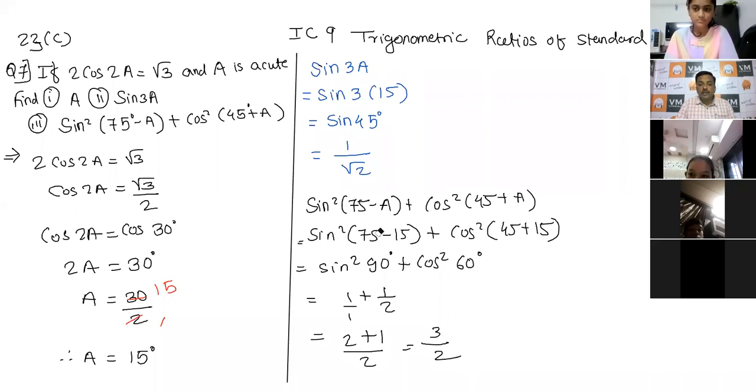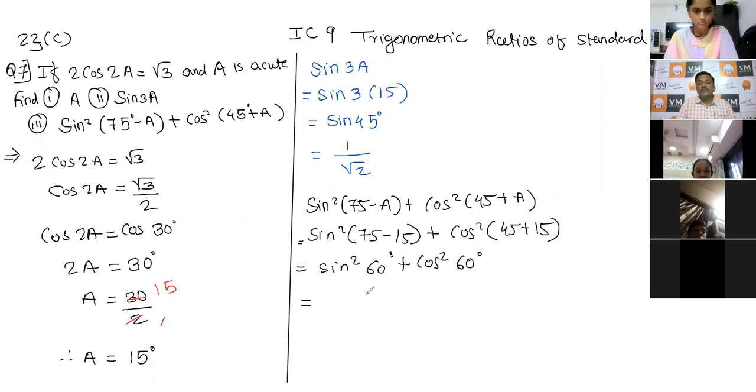One mistake I made here: this one is of 60. It is sin of 75 minus 15, which becomes 60 degree, and I had written plus. So sin square 60, that is root 3 upon 2 whole square, and here 1 by 2, half.